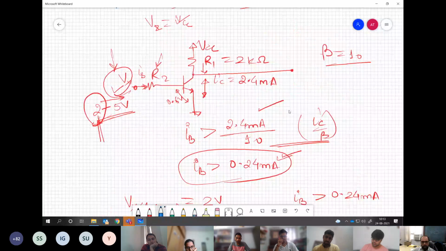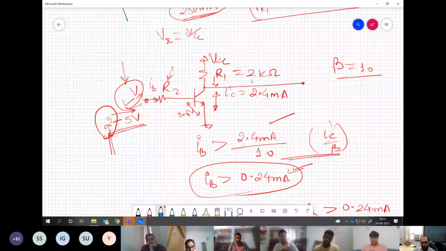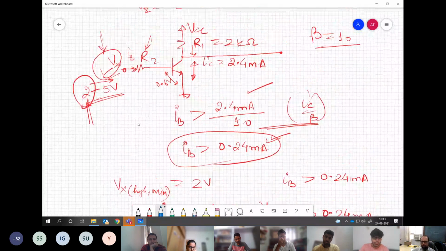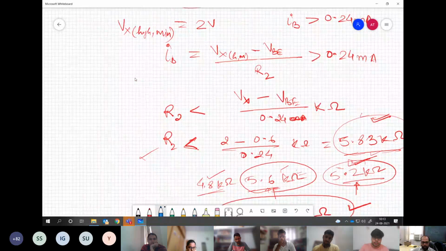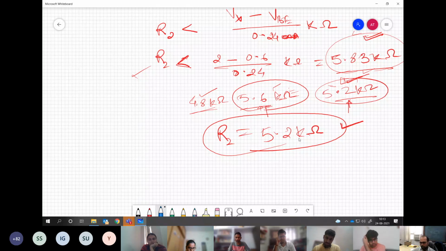And we have seen that, okay, if we are saying that R1 is, say, assuming 2 kilo ohm, which is giving a reasonable value of collector current, then our R2 or the base resistor should be something in the range of 5 kilo ohm. So anything around 5 kilo ohm is fine, 4.8 or 5.2, something is fine.